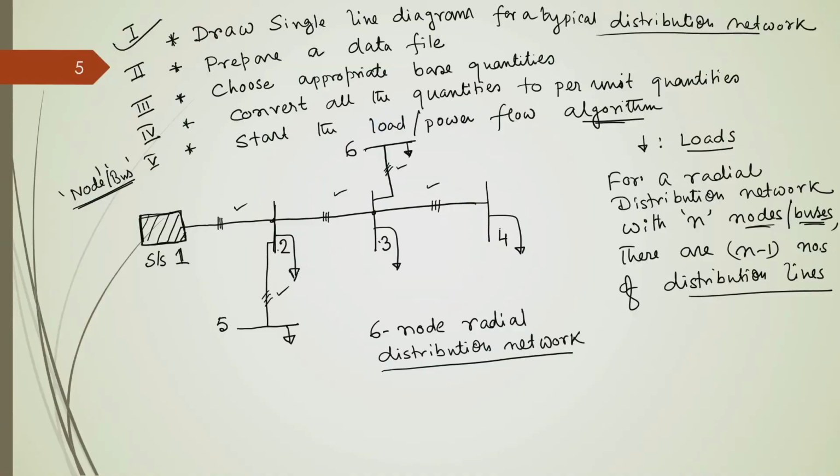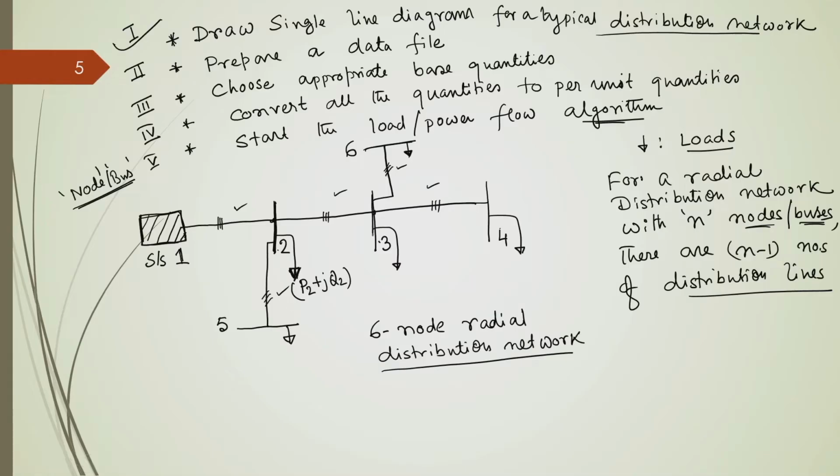So, they have some active power demand and some reactive power demand, and we can represent this load demand by something like that. For example, for node 2 the active power demand let us say is P2 and reactive power demand let us say Q2. So, P2 plus jQ2 is basically the load demand at this node 2.